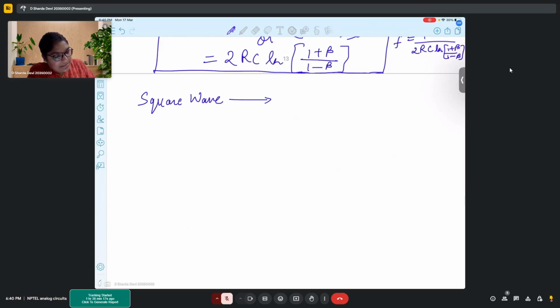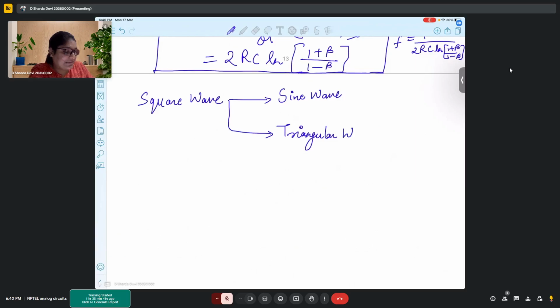Now, say there is a square wave with me. I want a sine wave from the square wave, and I want a triangular wave from a square wave. What can I do?